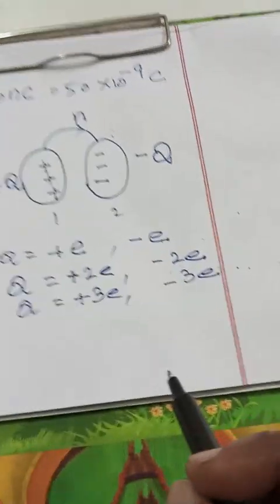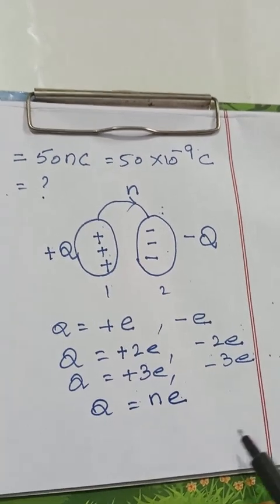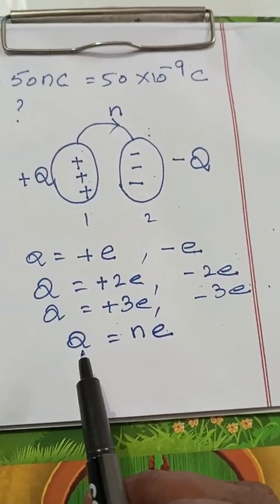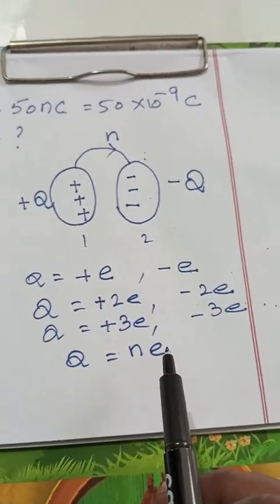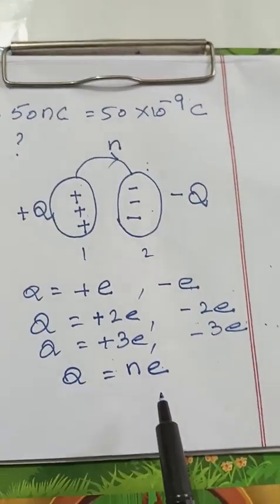So here n is the number of electrons transferred from object 1 to 2. So Q is n times e. That is, the charge of any charged object is equal to the number of electrons times the charge of one electron.